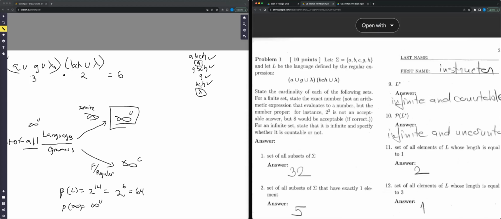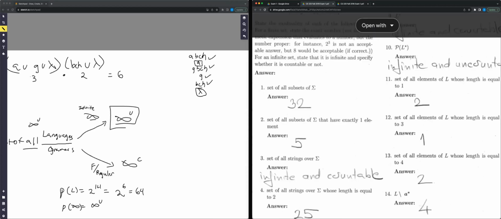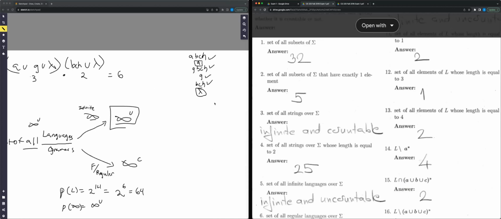Well, A is my first subset, B is my next subset, C is my next, G is my next, and then H is my next. So that's obviously 5. And if you notice in Pascal's triangle, if you go down the diagonal, the first diagonal will always be 1 because there's only one way to have nothing. And in the second diagonal, you'll see 1, 2, 3, 4, 5, etc.